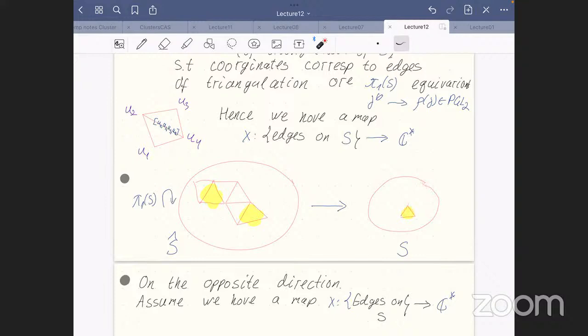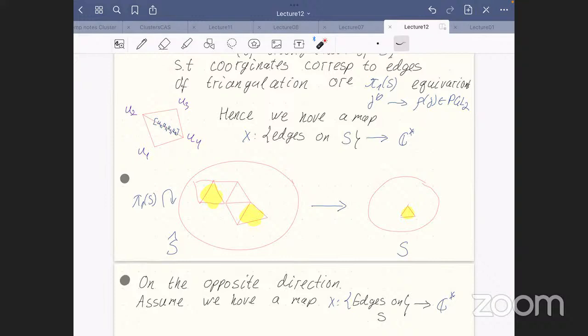It means that, generally speaking, for S it is possible that you don't have this canonically defined map U from vertices to P1.